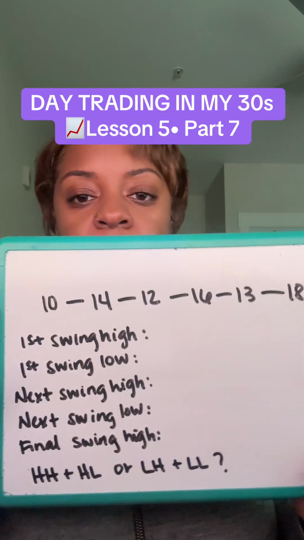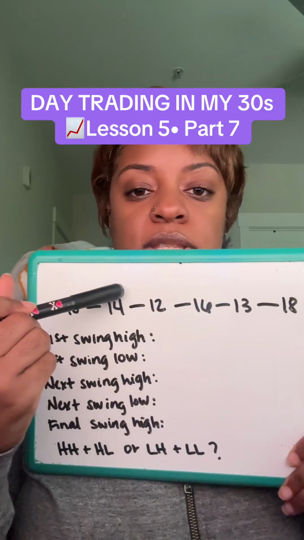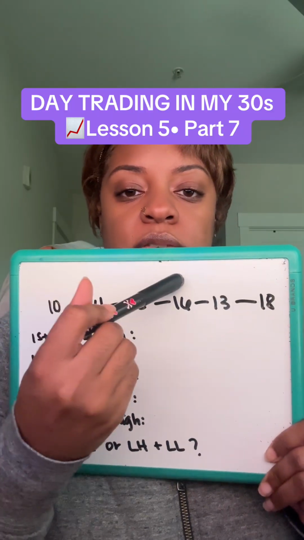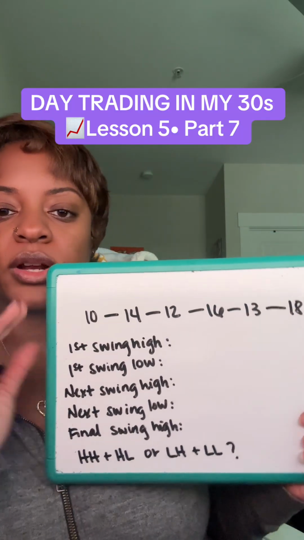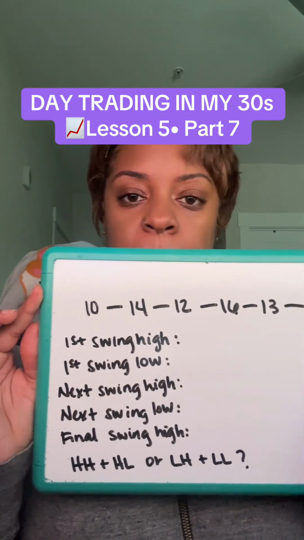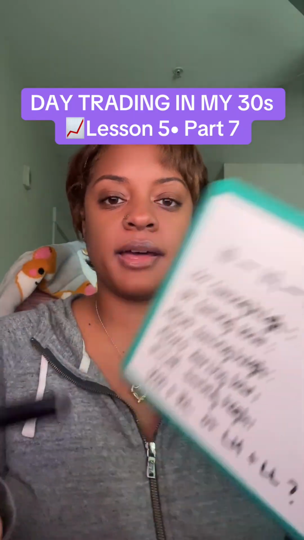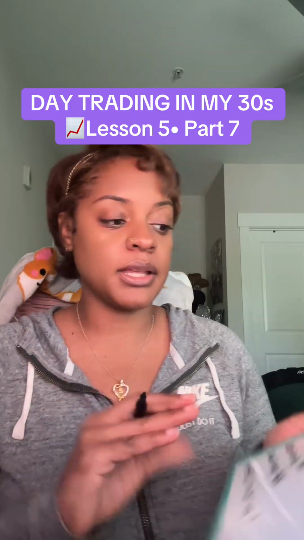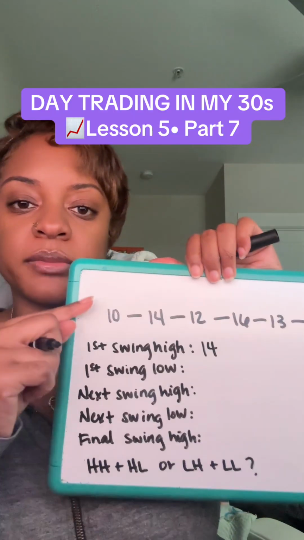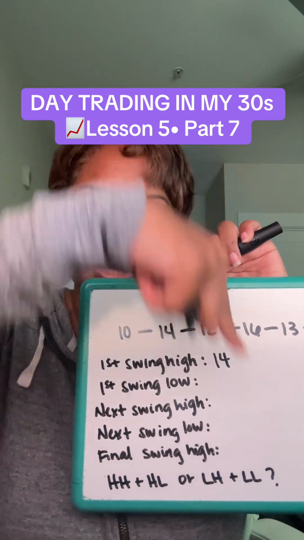Question 9. Suppose we have a stock trending from 10 to 14, 14 to 12, 12 to 16, 16 to 13, and 13 to 18. Where's the first swing high? That first swing high is 14, because it went from 10, shot up to 14, but then swung back around to start going downward.